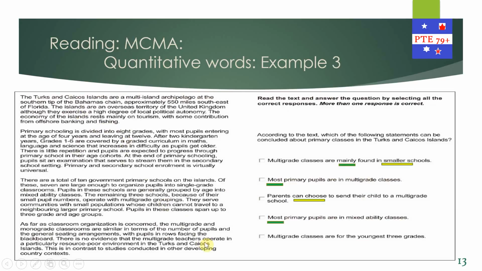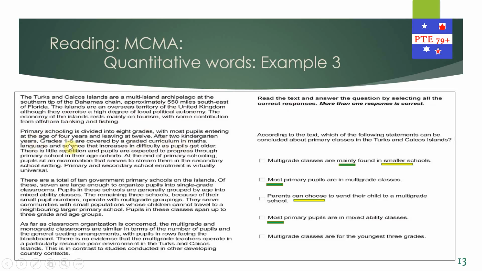If the text is lengthy, there is one more thing, right? Common words. Common words in multigrade classes, multigrade school, mixed ability classes, multigrade classes. There is a lot of discussion about multigrade classes, right? So if you see the text, where is multigrade here?